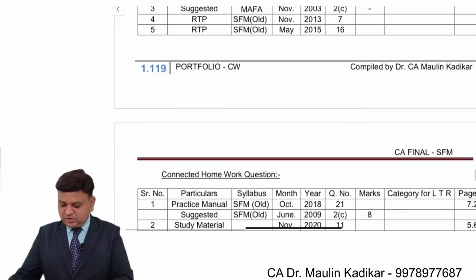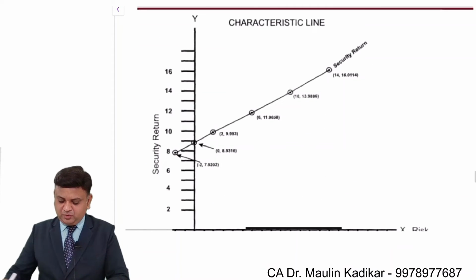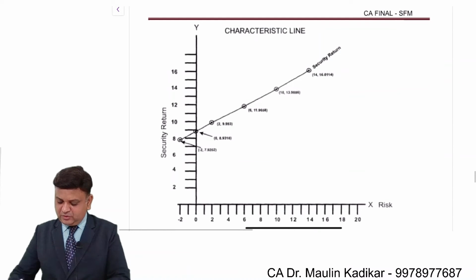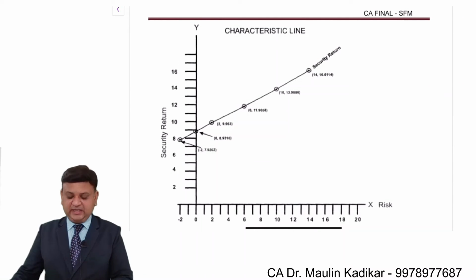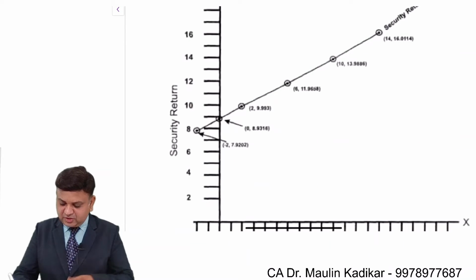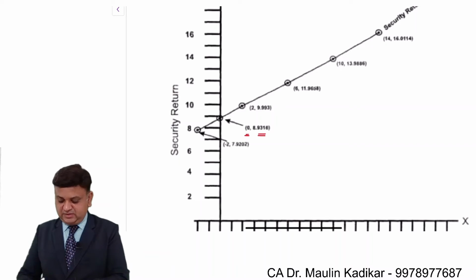So friends, the answer is over. At the same time, I have provided a diagram only for understanding purpose. Of course, in the examination, we don't have to draw the diagram. You can understand it like this. When the return on the market portfolio is 0, the return is 8.9316.